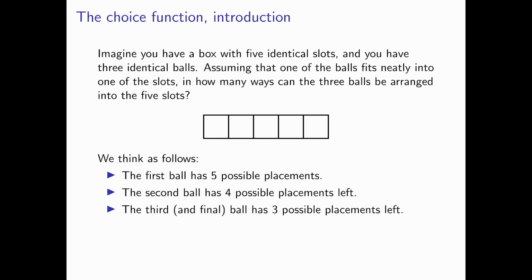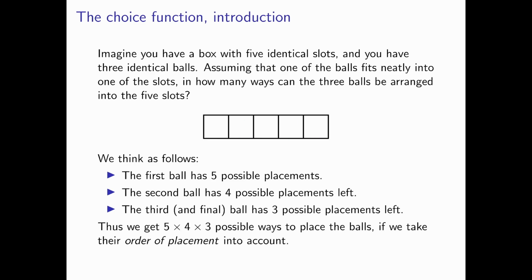And then finally, once the first 2 balls have been placed, say here and here, we see that the third ball only has 3 available slots left. So from this we get that there are exactly 5 times 4 times 3 possible ways to place the balls if we take their order of placement into account. So for instance, if we say that this placement is distinct from this placement, then we get 5 times 4 times 3 possible ways to place the balls.